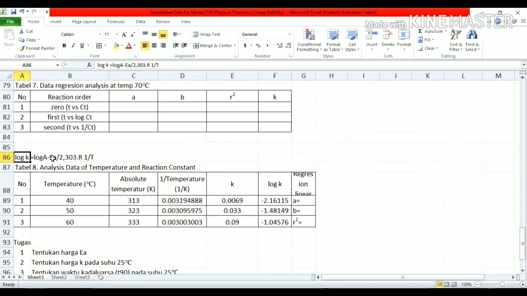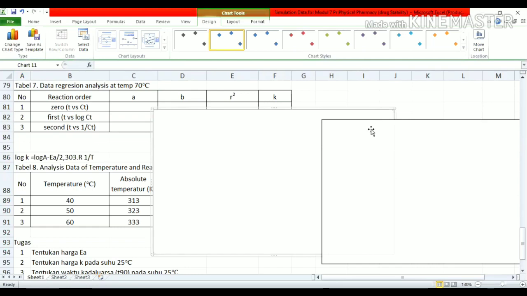So this is the Arrhenius equation, where the X series is the 1 per temperature in Kelvin, and the Y series is log K. So this is the data here, and we can add a trend line to know the equation that we got from this regression line.